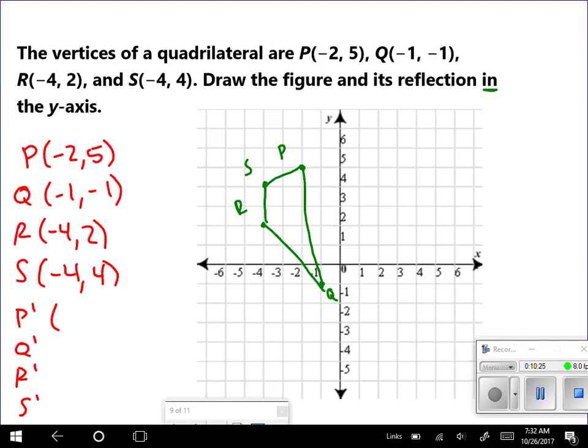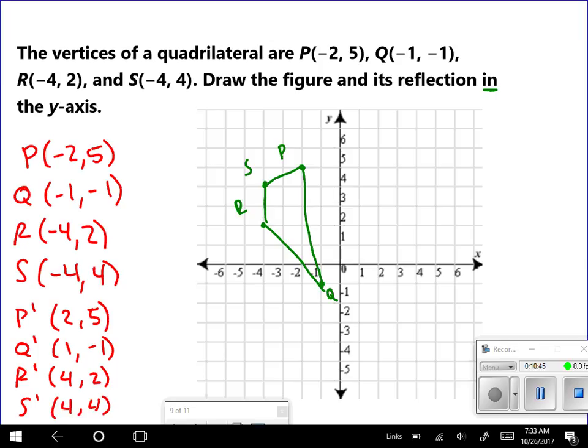Okay, so if I'm going across the y-axis, I'm actually going to change the x coordinate to its opposite. So negative 2 becomes 2, negative 1 becomes 1, negative 4 becomes 4, and negative 4 becomes 4.